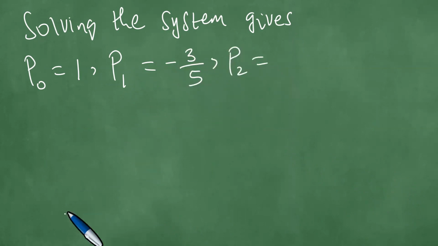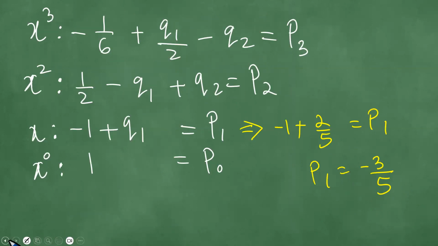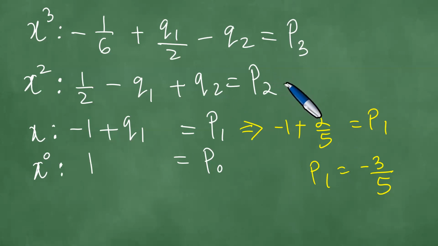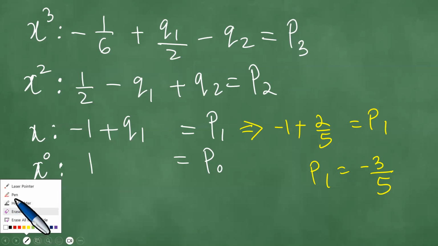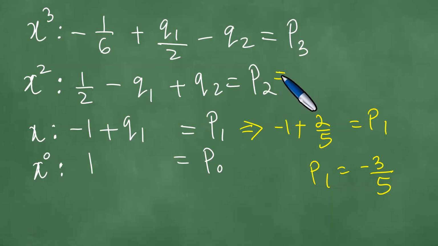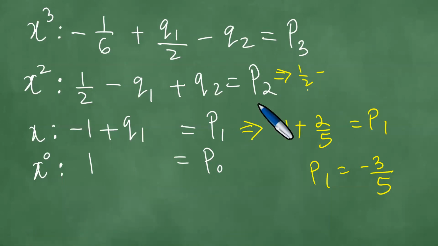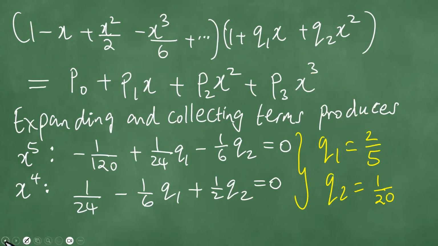The next thing we're going to find is P2. So here we put just Q1 and Q2. Let me use the yellowish color. So you'd have this implies 1/2 minus Q1. We found Q1 to be minus 2/5. Q2, you found it to be 1/20.